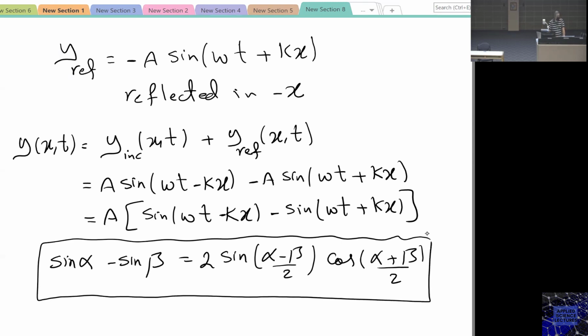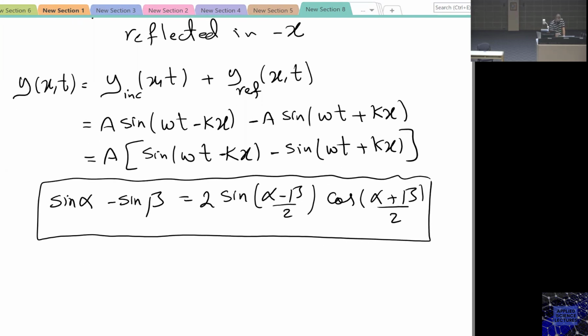I use this trigonometric identity with the understanding that this is alpha and this is beta.